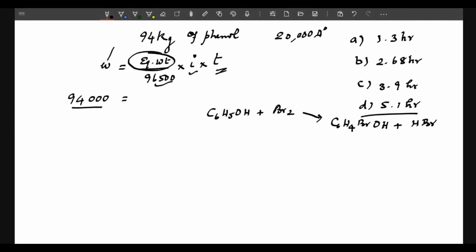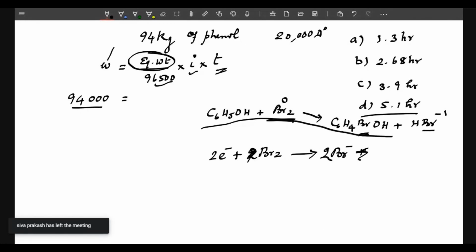How many bromines are involved in the reaction? 2 bromines. What is the oxidation state of bromine here? It is elemental, 0. What would be the oxidation state of bromine on the product side? It is -1, and here also it is -1. Or you can write it this way: bromine is converted into bromide, 2 bromide. Therefore, here 2 electrons are consumed.